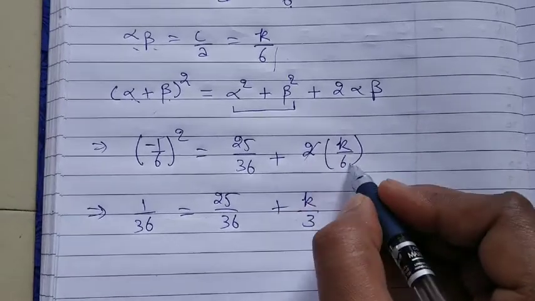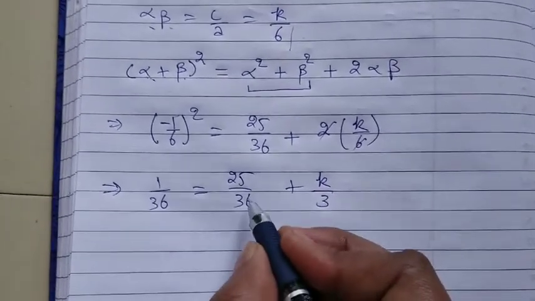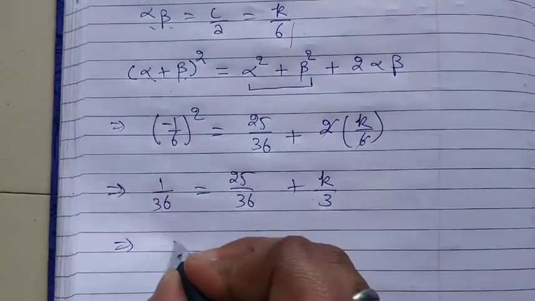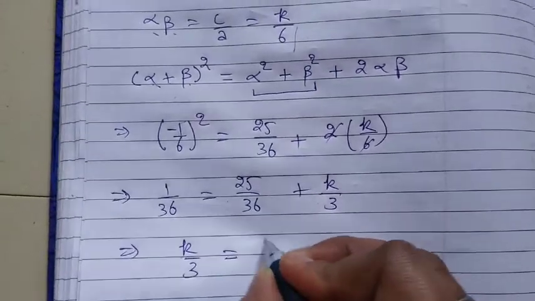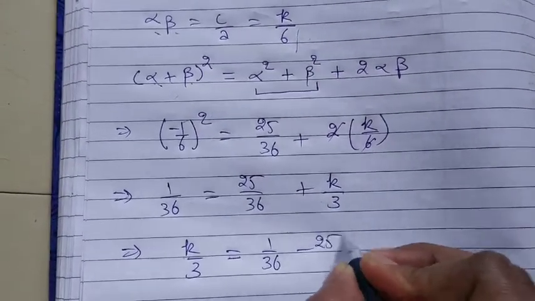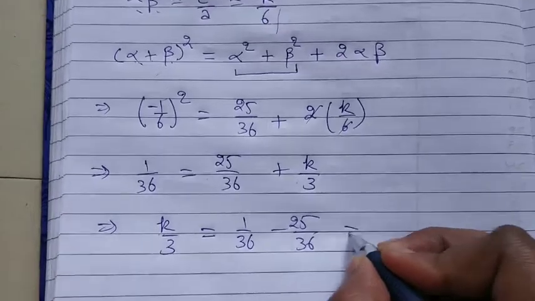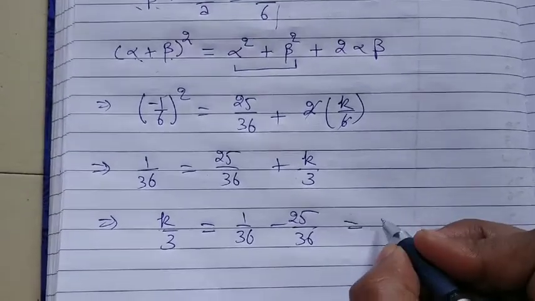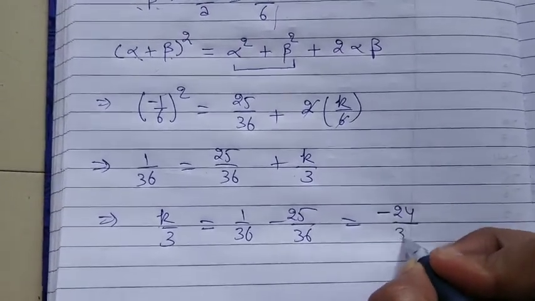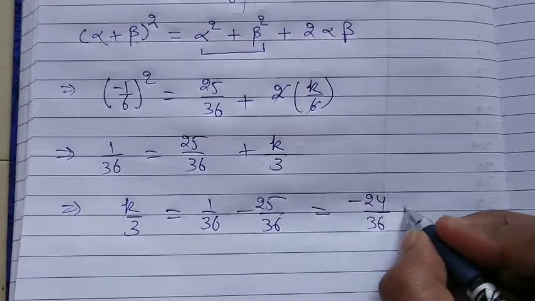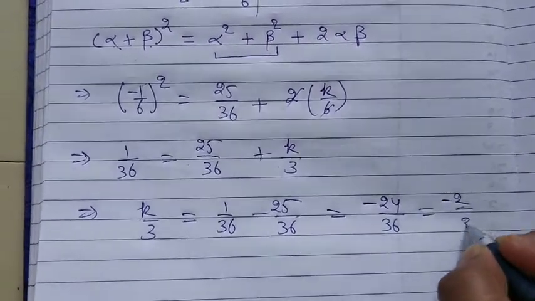The 2 and 6 cancel out, so this will be k by 3. Now taking 25 by 36 to the other side, we get k by 3 equals 1 by 36 minus 25 by 36. Like fractions, so we simply subtract the numerators, so this will be minus 24 by 36. Both are divisible by 12, so this will be minus 2 by 3.